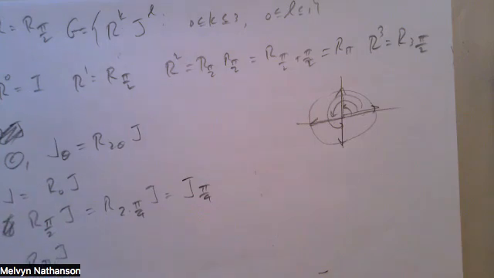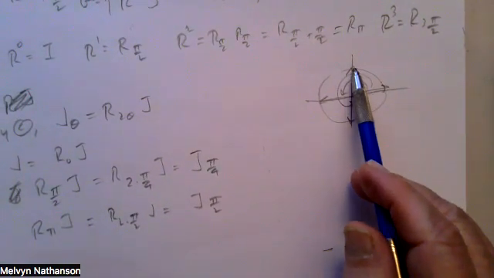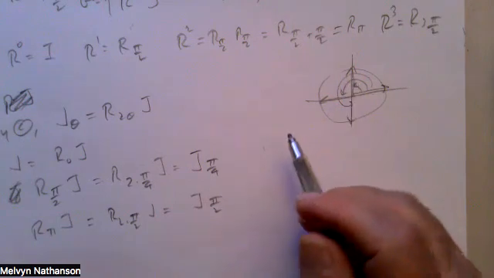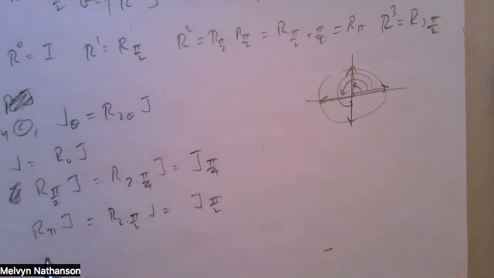R pi J is R 2 times pi over 2 times J. That's reflection through the y-axis, pi over 2. And R 3 pi over 2 J. So 3 pi over 2 is 2 times 3 pi over 4 times J. That's J 3 pi over 4.